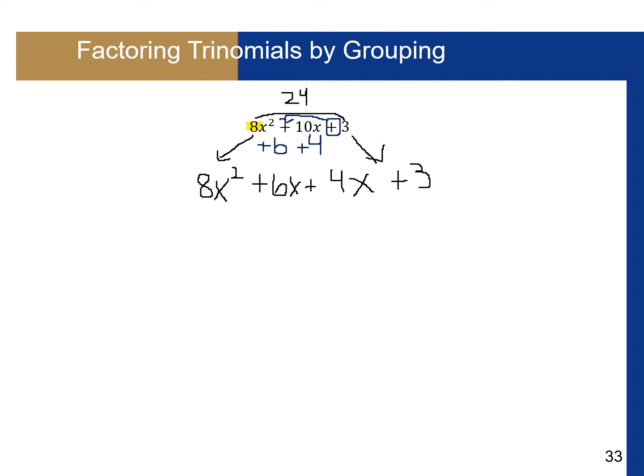So let's take a look at the first two, factor by grouping. And I say, what is the same in both of these? I see that there is a 2x, so I'm going to take that 2x out of the first set of parentheses.